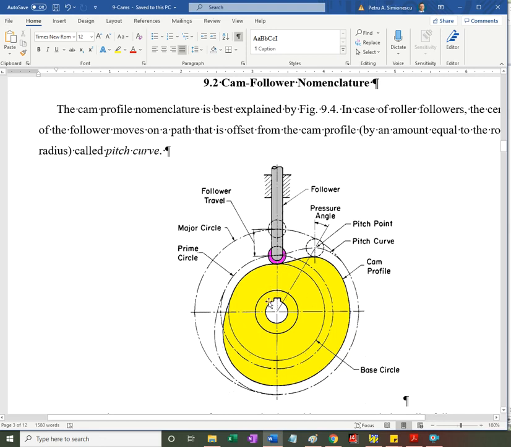Again, it depends on the direction of the cam. So if I rotate this cam clockwise, you can see here a smoother, longer transition between the base circle and the major circle. And then the return is a little bit faster.